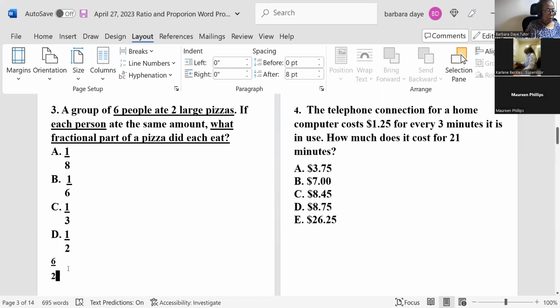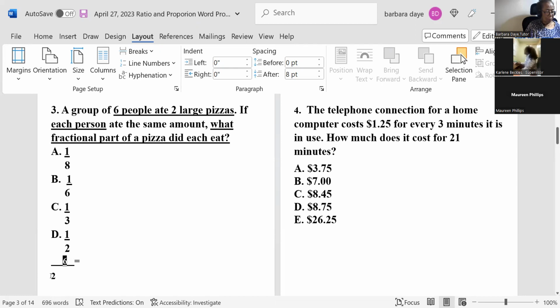All right? And what's that equal to, Maureen? 3. No, what's the ratio?